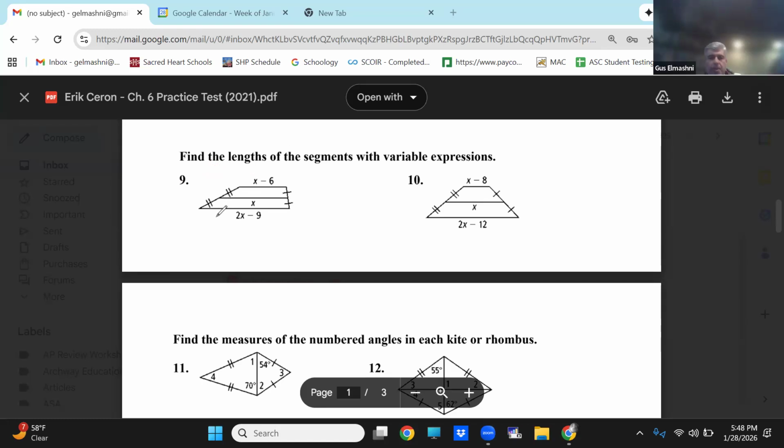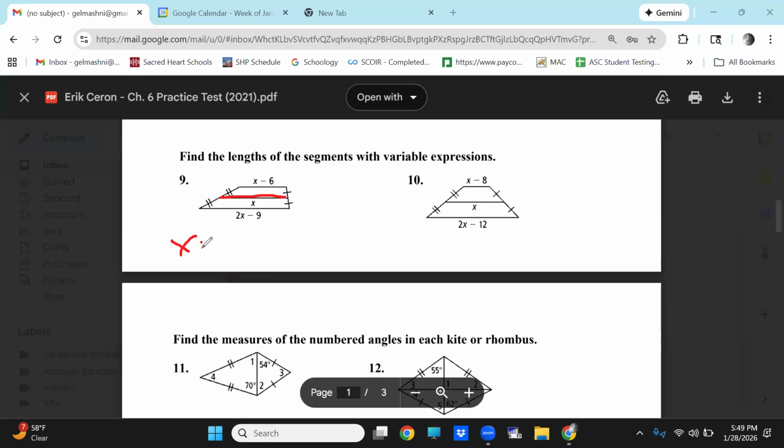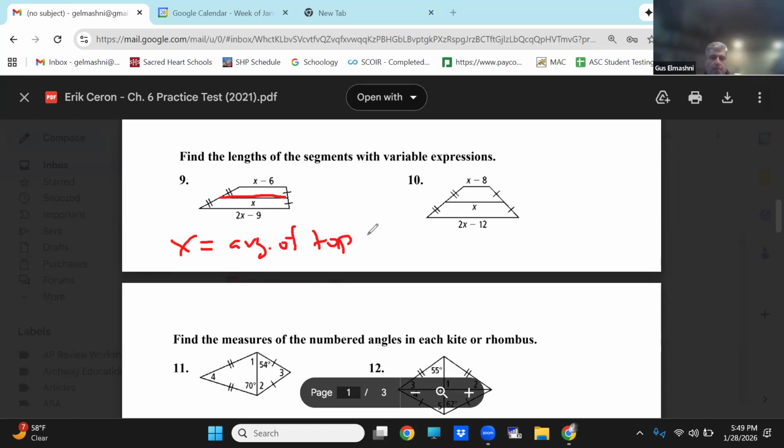Okay. That's quite a bit of class. So what's going to happen here is that x is going to be the average of the top and bottom.